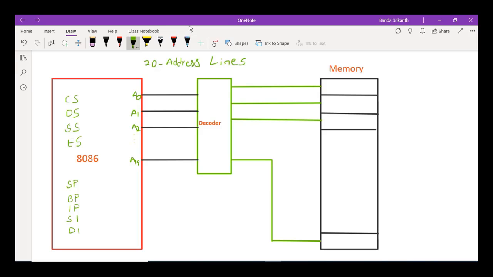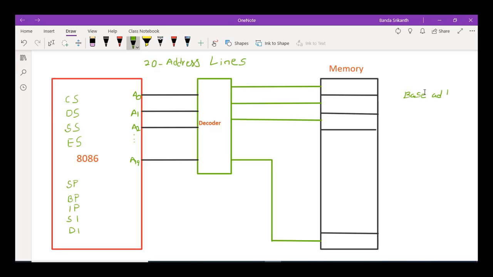The code segment, data segment, stack segment, and extra segment registers are called special purpose registers, and they hold the base address of the segment.